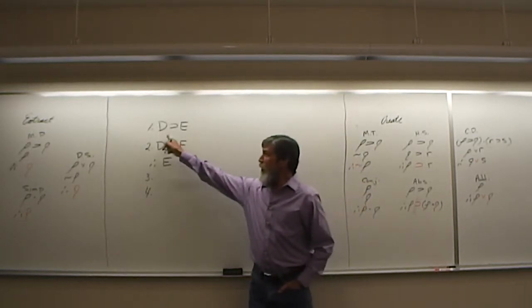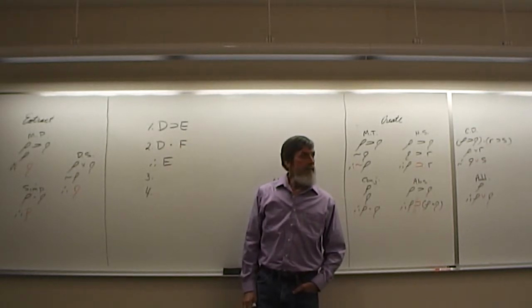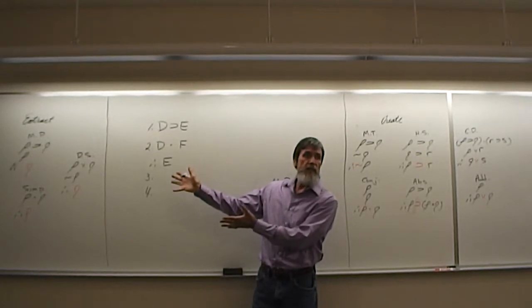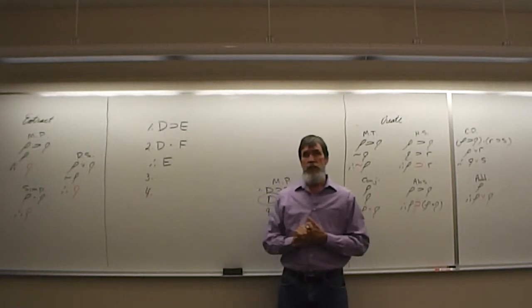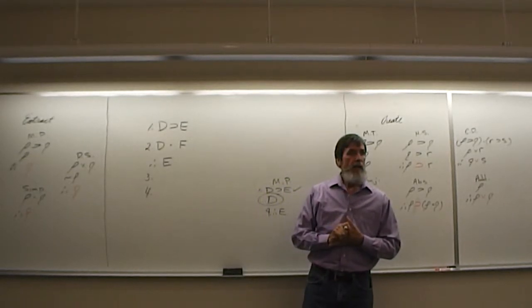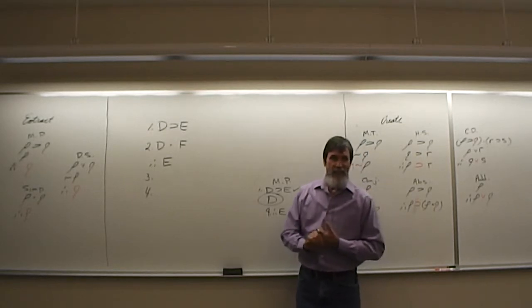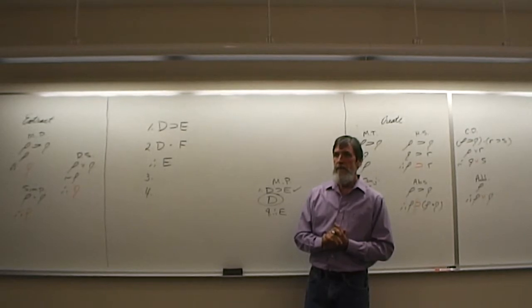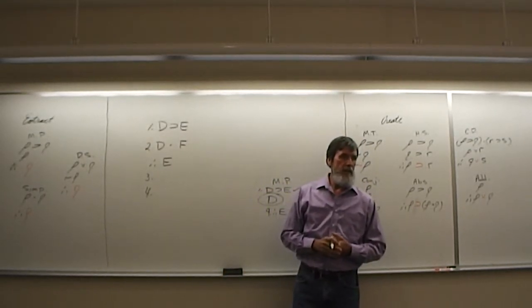So let's suppose we try to extract D from line 1. It's the antecedent of a horseshoe. Those are our 3 rules of extraction. Do we have any way of extracting the antecedent from a horseshoe? No. So there's absolutely no way that D is coming out of line 1. You understand that, right? Okay. In line 2, D is the left-hand conjunct of a dot.